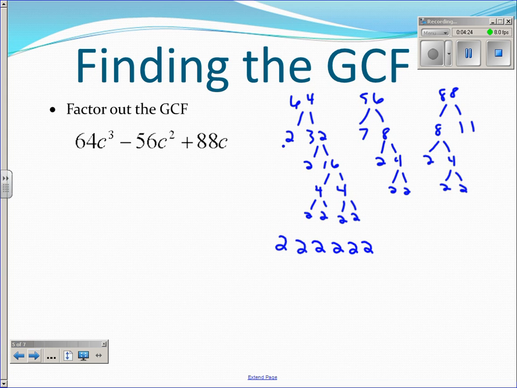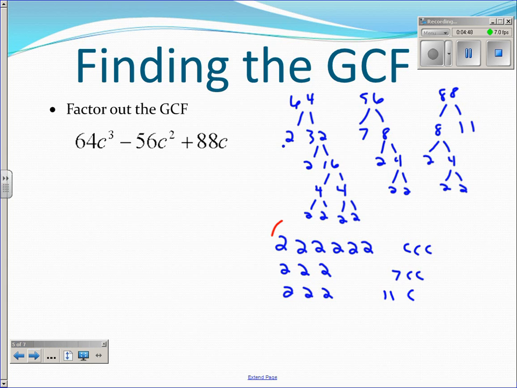And then we had C cubed, which is 3 C's. 56, I got 3 2's and a 7. And C squared, 2 C's. 88, 3 2's, and an 11 and 1 C.